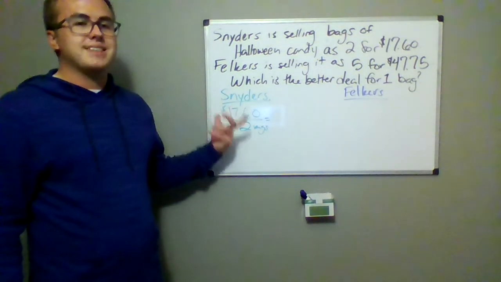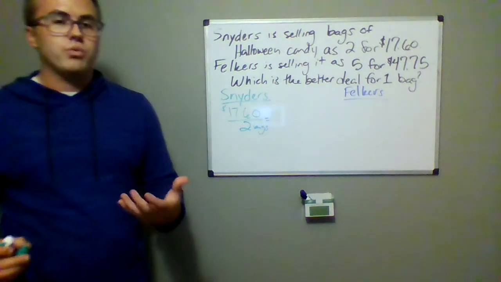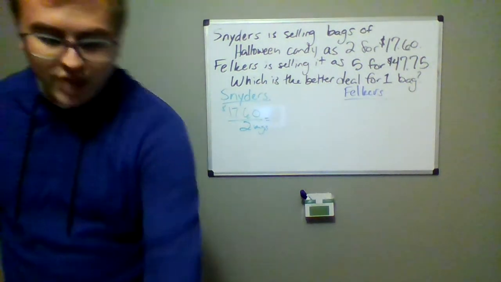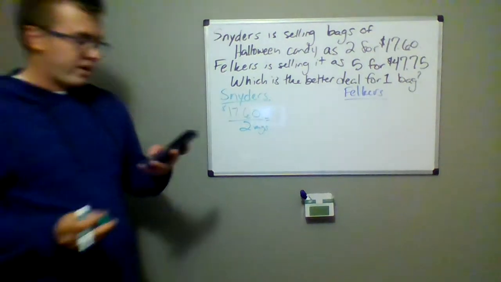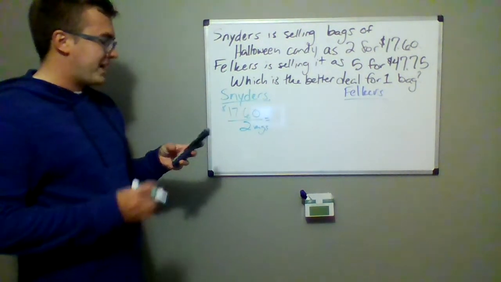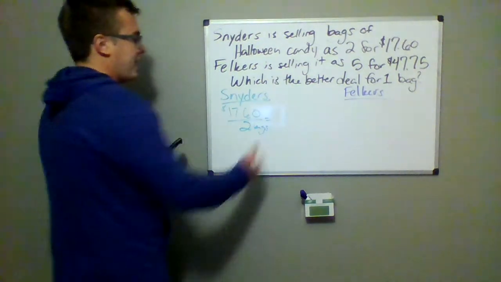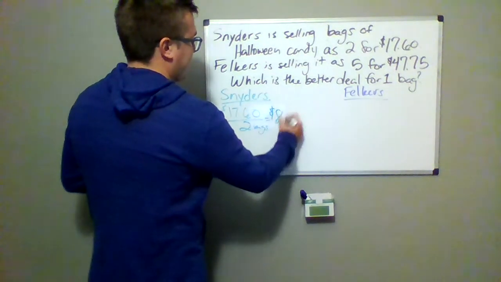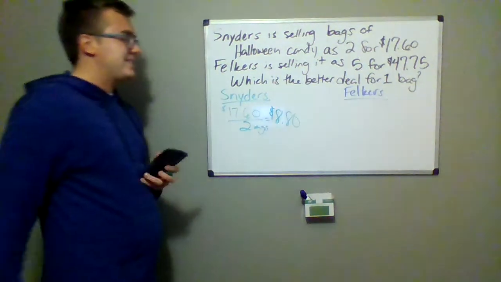So how much is Snyder's charging as a unit rate? Well, all we have to do is divide those 2 numbers. So I got my calculator out. I'm going to do $17.60 divided by 2, and that gives me 8.8. So it would be $8.80.